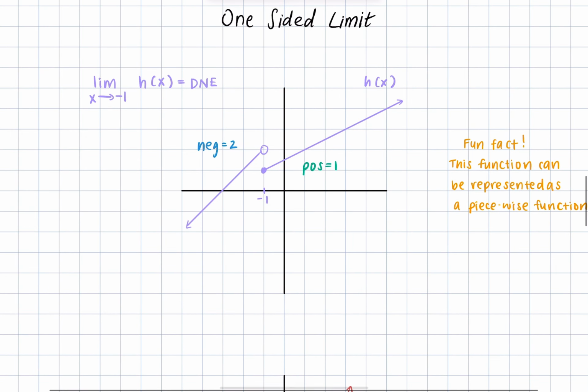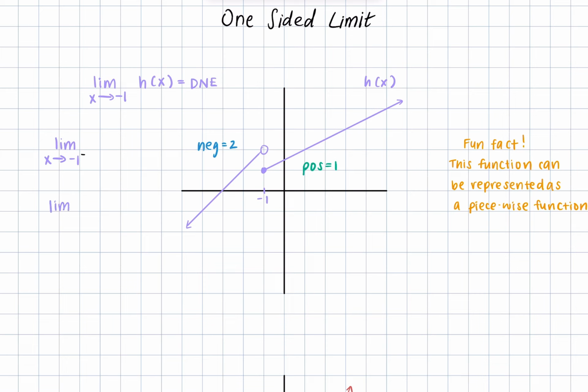But we can look at this as a one-sided limit. So if I said limit as x approaches -1, I can really get very particular. I can say from the left-handed side or the right-handed side, the positive and negative side. And all I do to indicate this is write a superscript of a negative for the negative side, or positive for positive side.